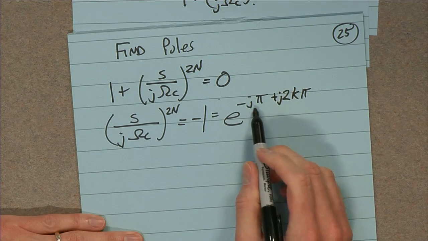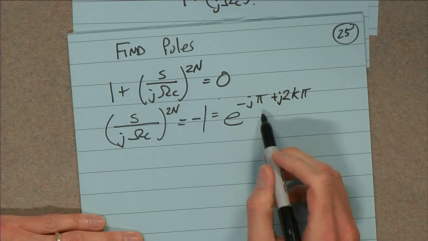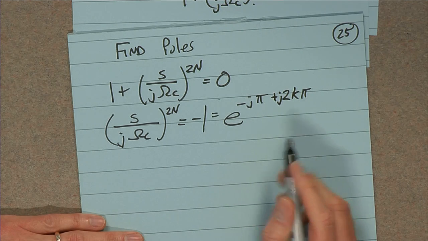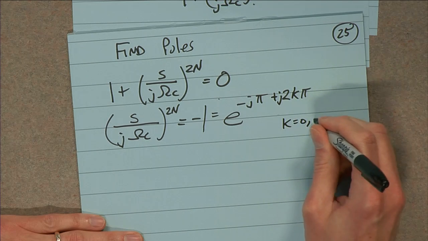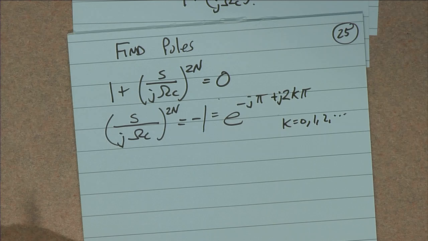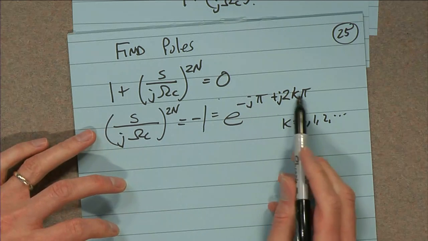So minus j pi, which is minus 1, and we also have this plus 2 pi factor, right? And k can be 0, 1, 2, ... This can wrap forever. We don't care. So now we've got this as an exponential form.